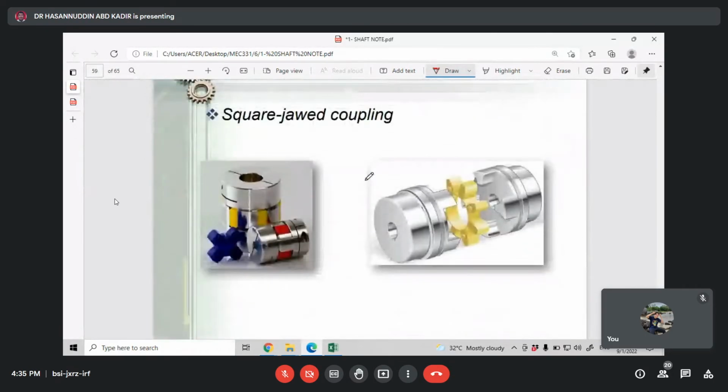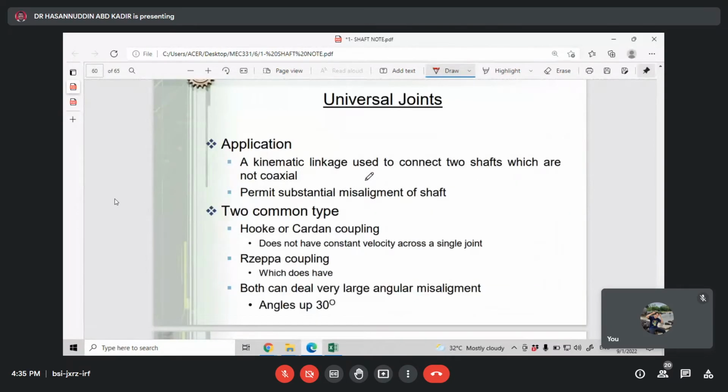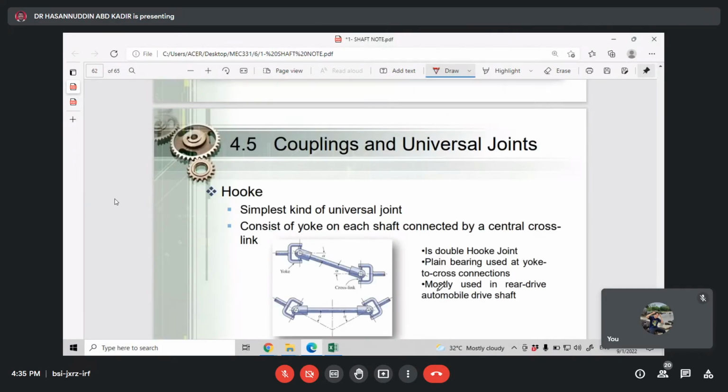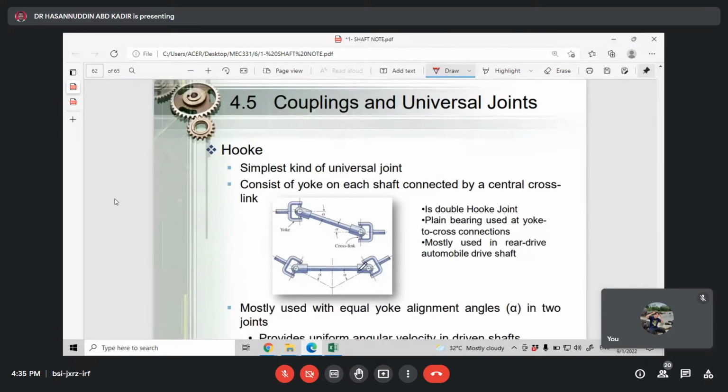Yang ni lebih kepada teori je. Okay, universal joint ni kamu selalu nampak kalau shaft tu pada lori. Kalau untuk universal joint ni, macam sini. So they want to transmit the power, but dia ada condition yang berlainan, we call as the condition that we want to transfer the input to the output, they are not on a straight line.